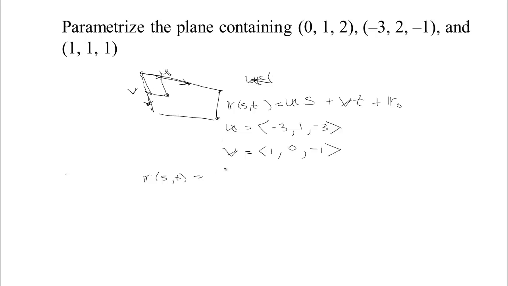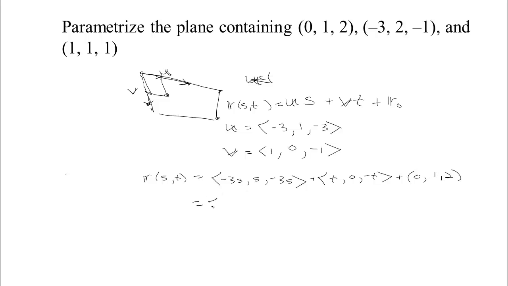So let's see. I'm going to take u times s, so that's going to be -3s, 1s, and -3s, plus v times t, so that's going to be t, 0, -t, just multiplying t through v here. And then I need my starting point, so I'll just use that point 0, 1, 2.